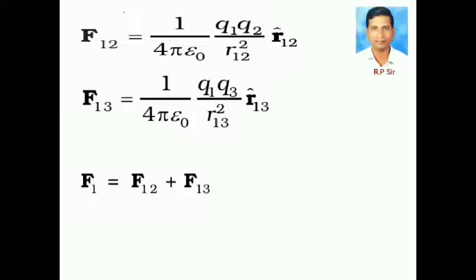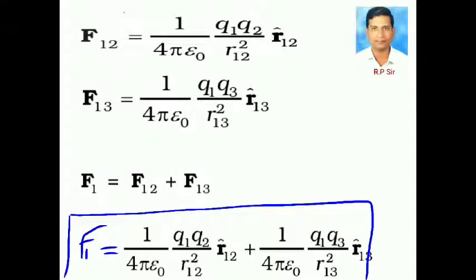Substituting F12, F13 values in this equation, we get F1 equals 1 by 4 pi epsilon naught Q1 Q2 by R12 square R12 cap plus 1 by 4 pi epsilon naught Q1 Q3 by R13 square R13 cap. This equation gives the total force or the net force acting on Q1 charge due to Q2 and Q3.